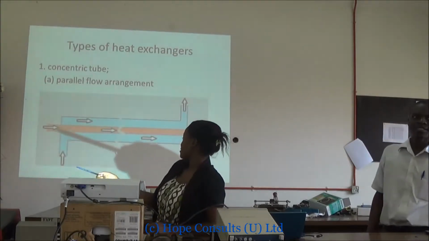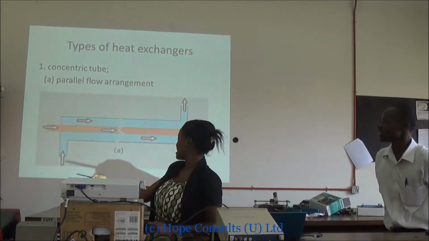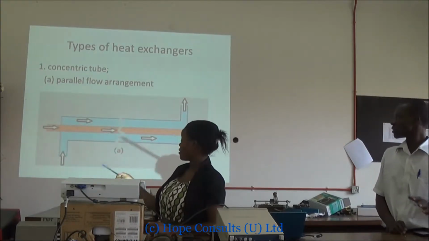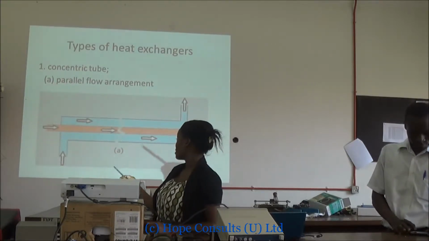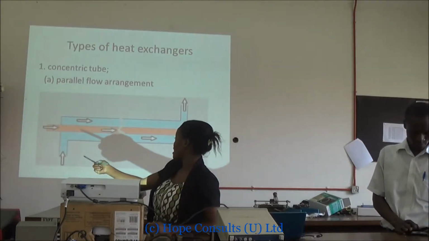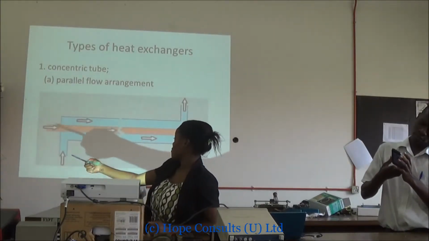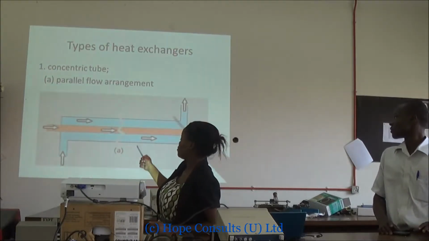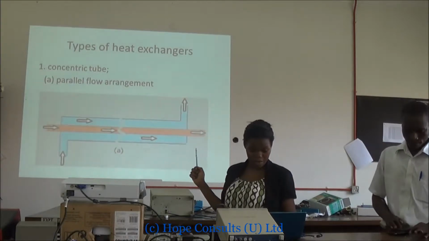We have that outlet, and this is an inlet, and then we have another inlet there. We are going to have two fluids, a hot fluid and a cold fluid. Under this arrangement, one enters from the other end, assuming the hot fluid enters from there and the cold from here. They are going to move, and then they are going to have the outlets. That is the parallel arrangement.